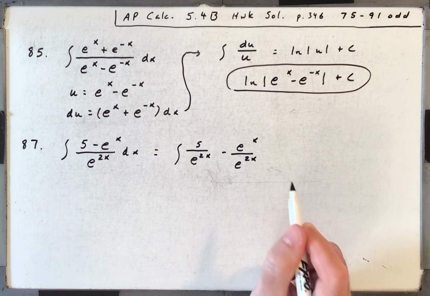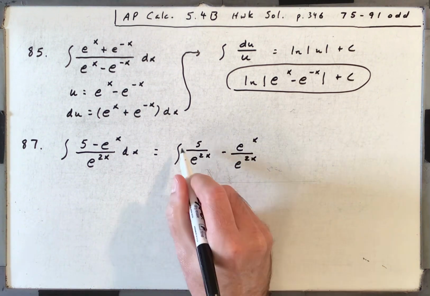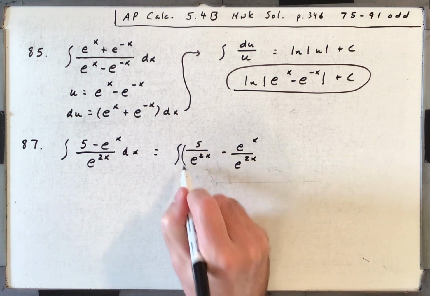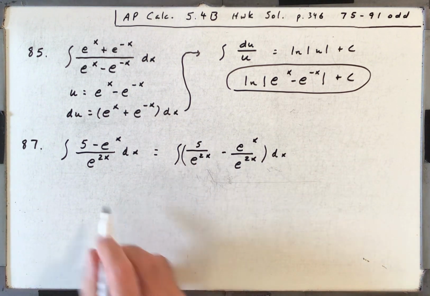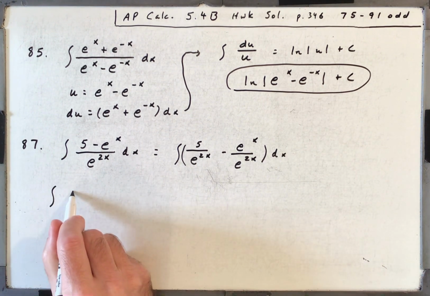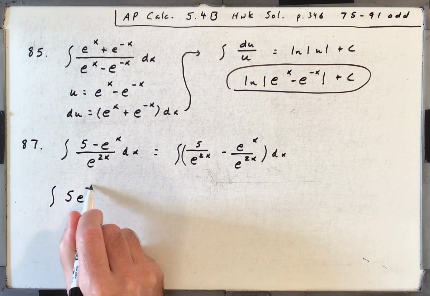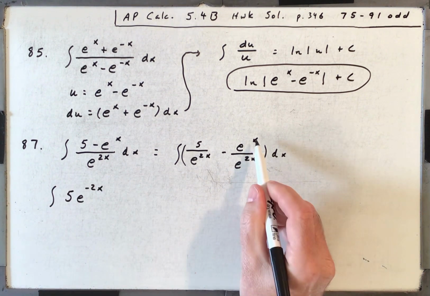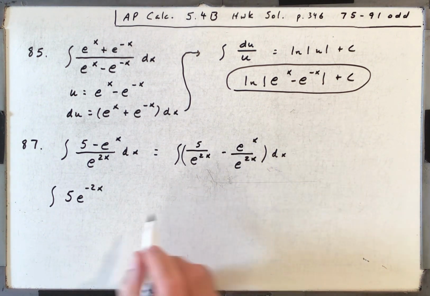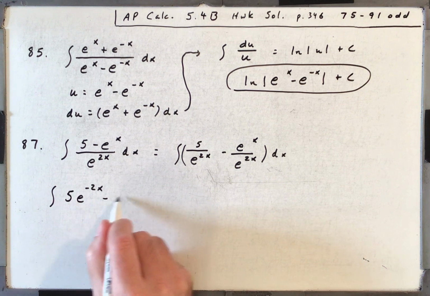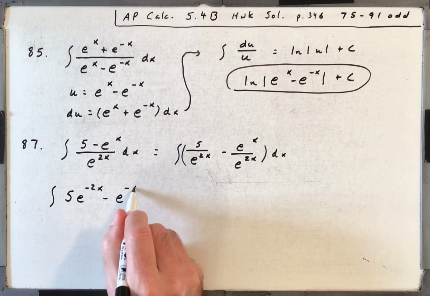I don't want to go into u substitution if I don't have to. All right, and that would be dx. So that's going to be 5e to the minus 2x, and then x minus 2x. Remember, you subtract. X minus 2x would be minus e to the minus x.